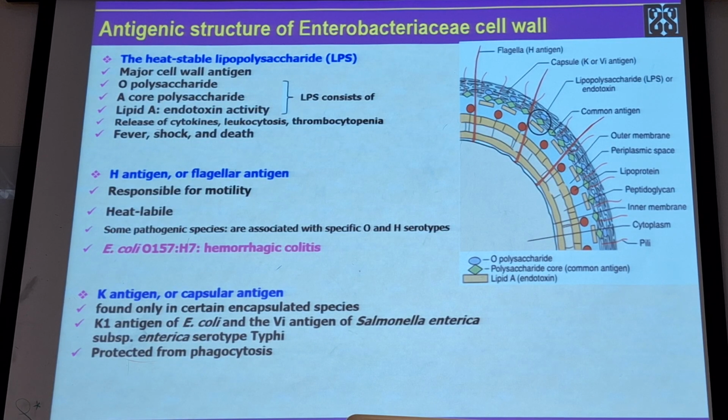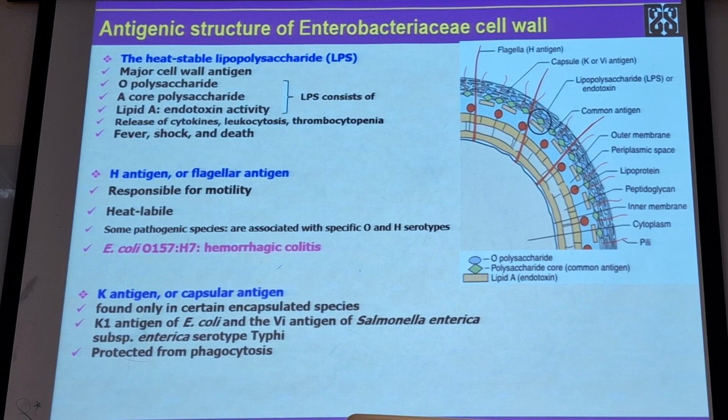Antigenic structure of the Enterobacteriaceae cell wall. The heat-stable lipopolysaccharide, or LPS, is the major cell wall antigen. It consists of three components: O polysaccharide, a core polysaccharide, and lipid A. Among them, lipid A has endotoxin activity.